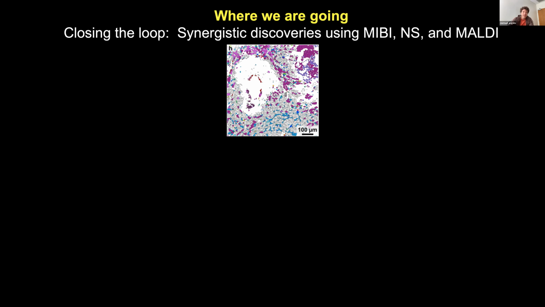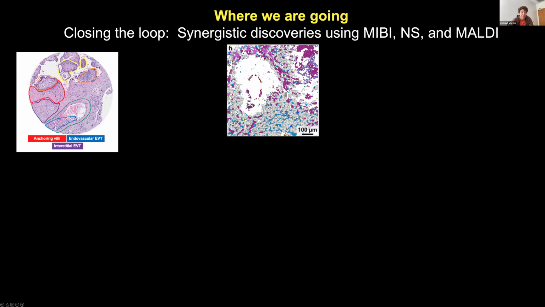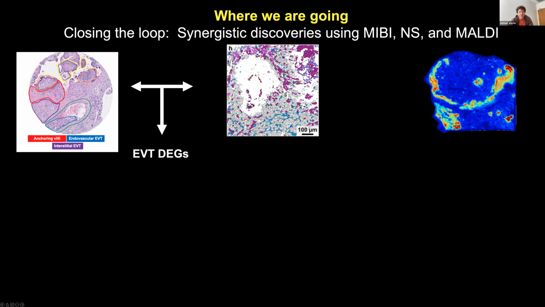I briefly alluded to the fact that by looking at NanoString in combination with the MIBI data, we're able to discern what EVT populations are being differentially expressed depending on their context. Then, as Kay just showed you, with the MALDI images, likewise, we're able to correlate this with the MIBI study to figure out what EVT glycans are present.